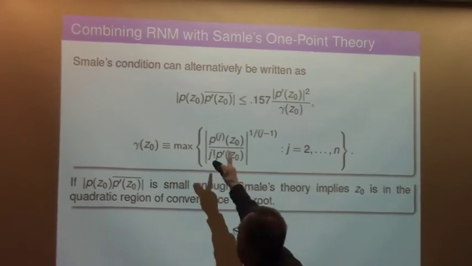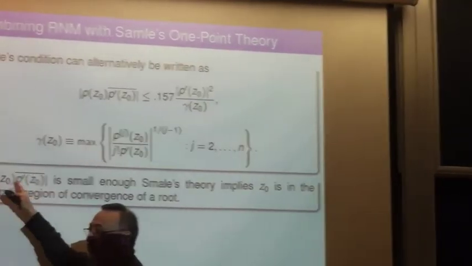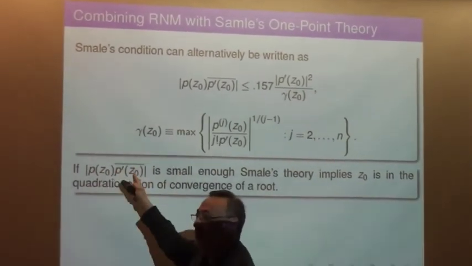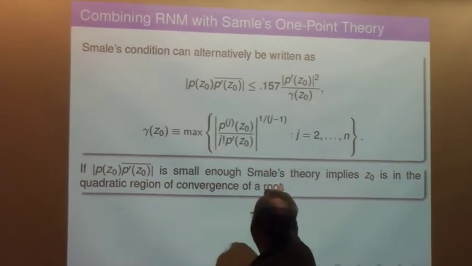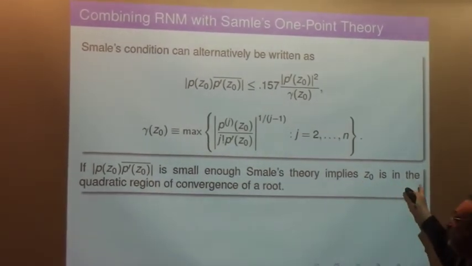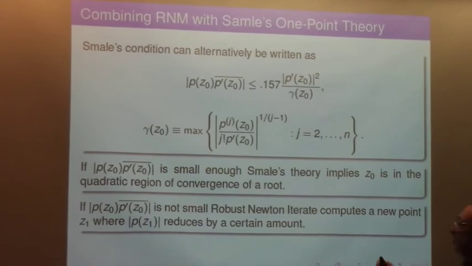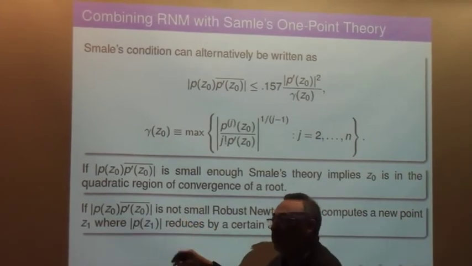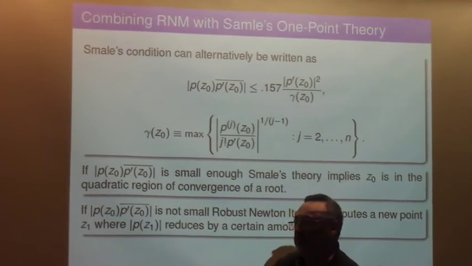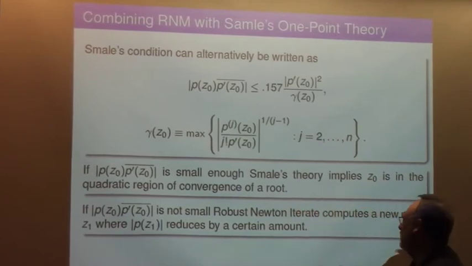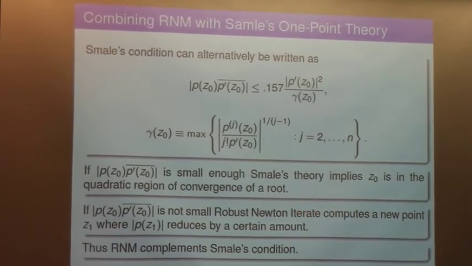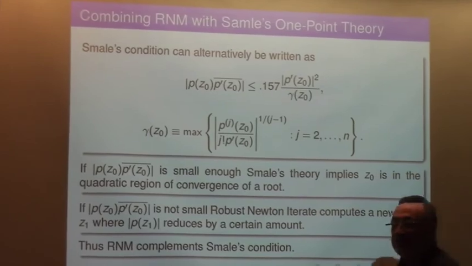Notice that the robust Newton method works with the same quantity here. If this is small enough, Smale theory implies you have quadratic convergence. And if this is not small, then the robust Newton method is going to decrease the modulus by a certain amount. So it complements Smale's condition.